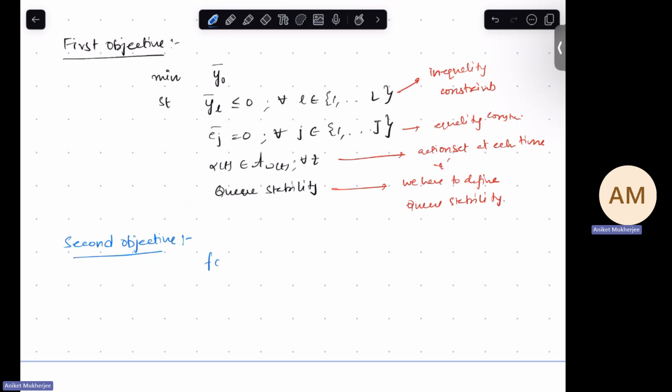So let us have some convex functions f of x, g1 of x, and so on, gL of x. These convex functions are from R m to R, and X is a convex subset of R m.